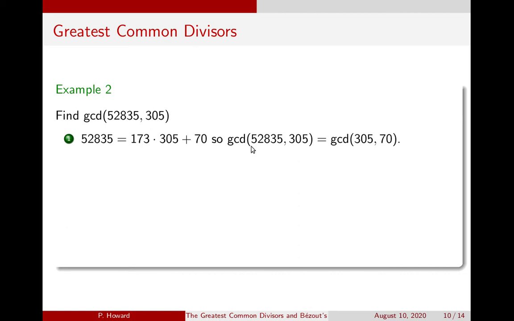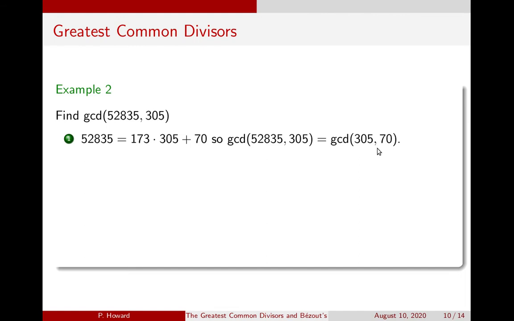So according to fact number 2, the greatest common divisor of the two original numbers, 52,835 and 305, is the same as the greatest common divisor of 305 and the remainder, which is 70. So we have reduced the problem to finding the greatest common divisor of two much smaller integers.